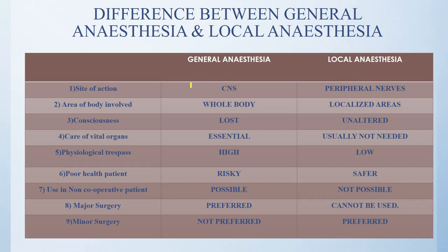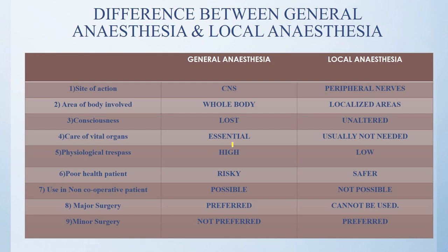Next, here is the difference between general anesthesia and local anesthesia. So let's quickly see the basic differences between them. Site of action: general anesthesia, CNS; local anesthesia, peripheral nerves. Area of body involved: whole body versus localized areas. Consciousness: extremely lost versus unaltered.